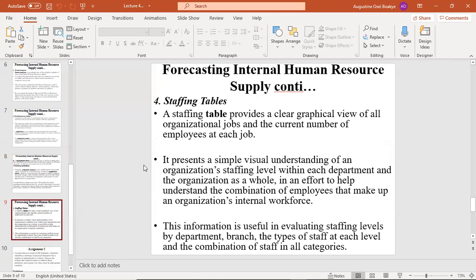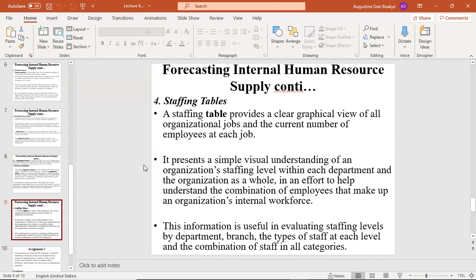The use of staffing tables. A staffing table is closely akin to the replacement chart I just spoke about. So when we talk about a staffing table, it provides a clear graphical overview of all the organizational jobs and the current number of employees in each job.